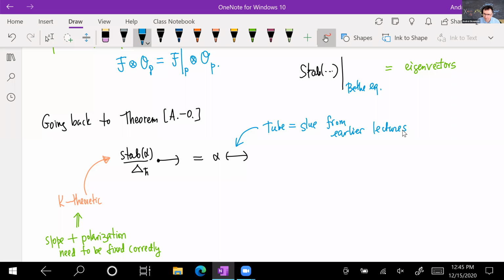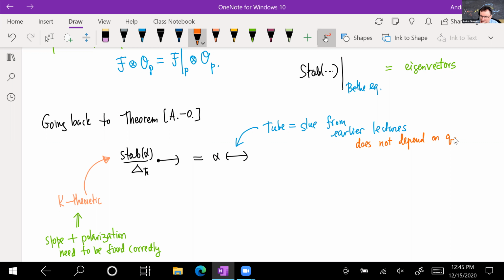And then in that earlier lecture, one of the proofs that tube equals glue was based on the fact that this does not depend on Q. And what was the argument there?